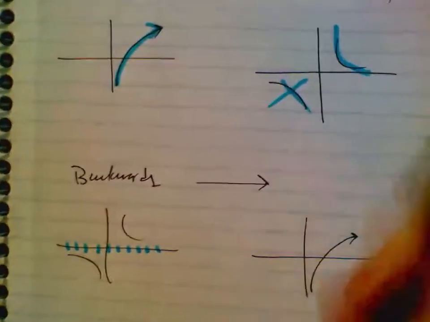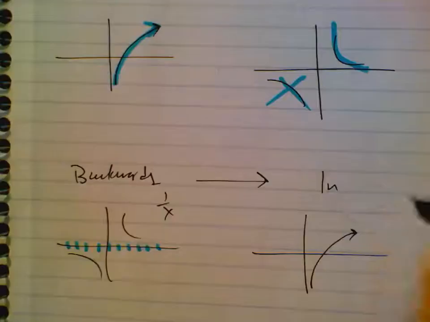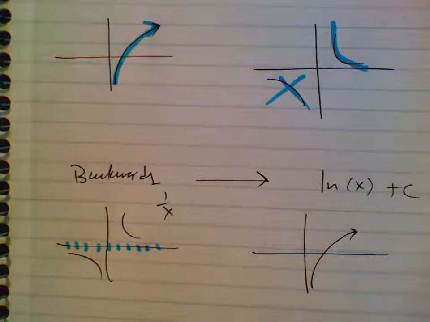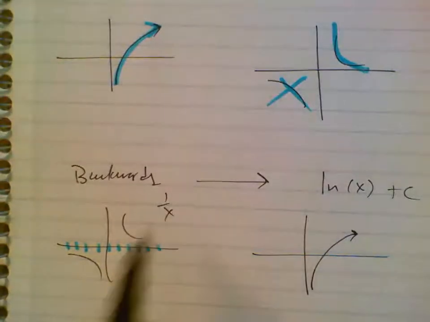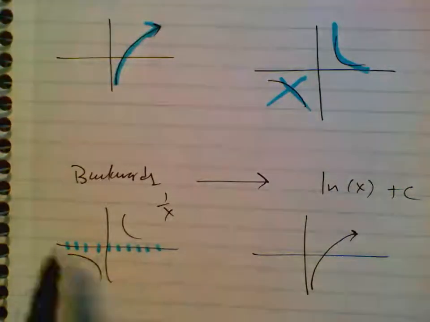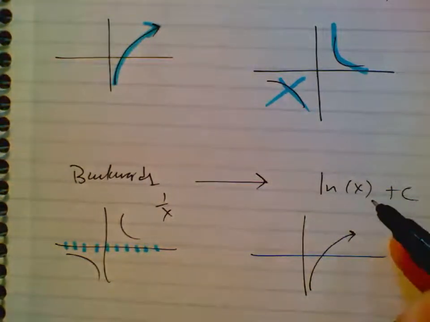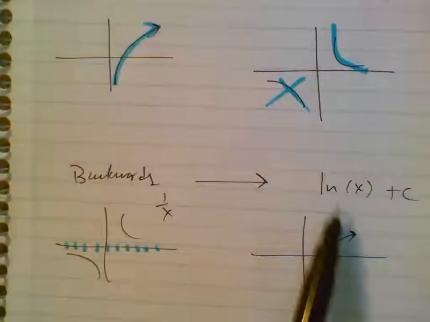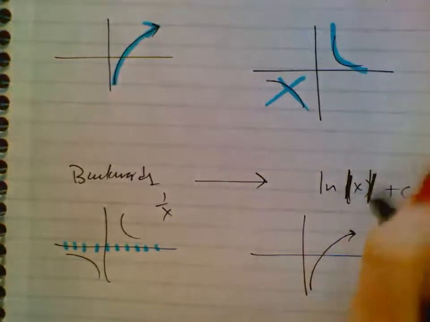So saying the antiderivative is natural log of x plus c is not good enough, because in this context of going backwards, x could take on any of these values, including negative, and you can't plug a negative into a natural log. That's why we need the absolute values.